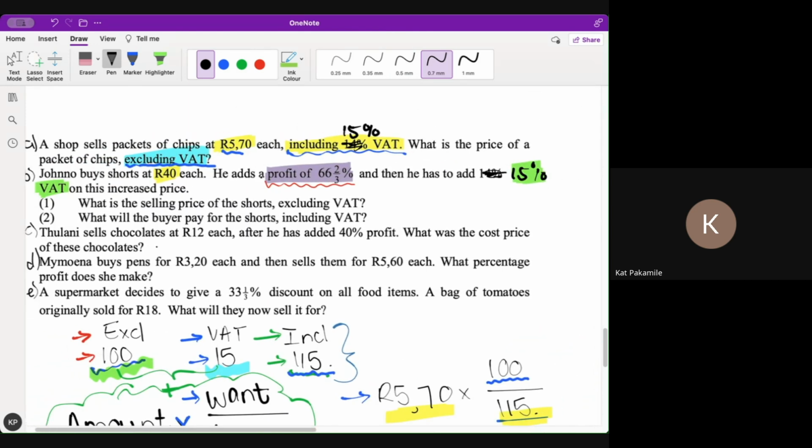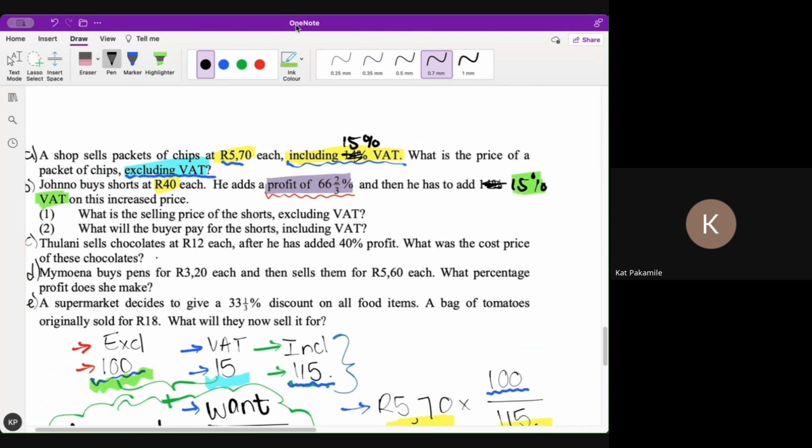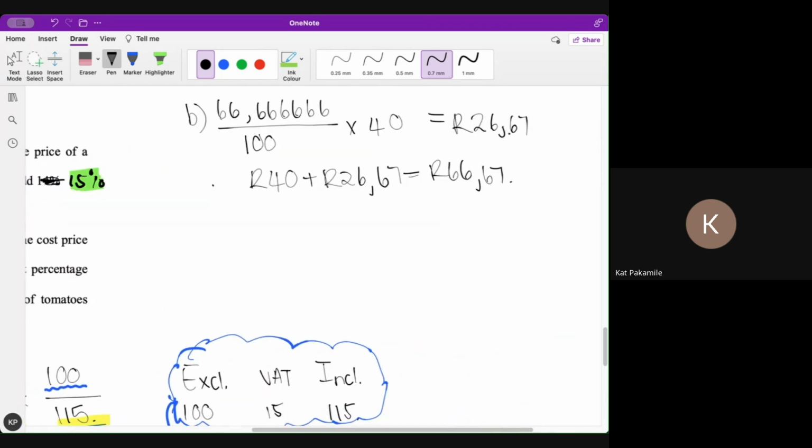Then it says, what will the selling price be including VAT? So now this price that we have just worked out, is this the excluding VAT? Is this the VAT? Or is this the including VAT? Great.